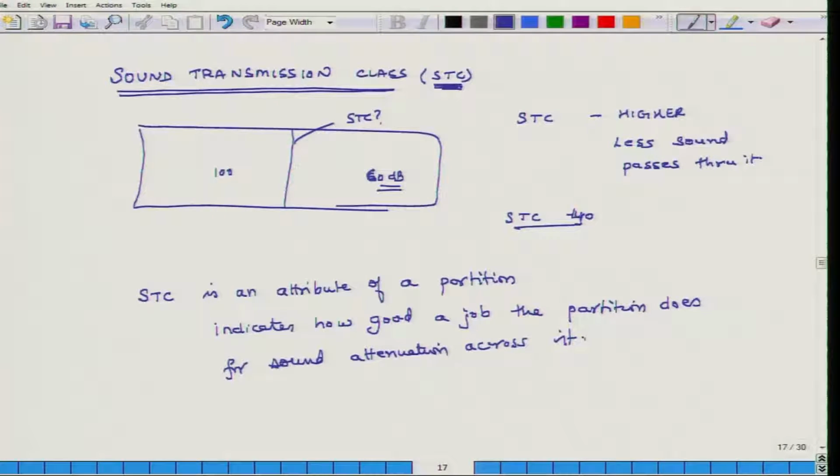So, higher STC means higher sound attenuation.